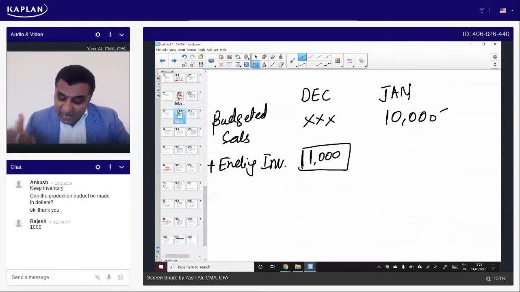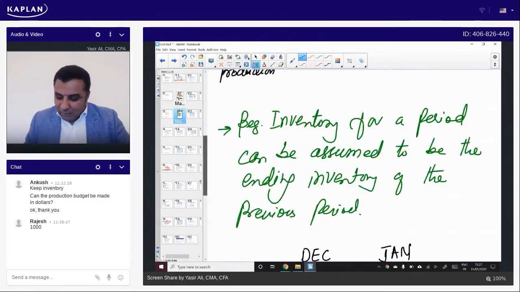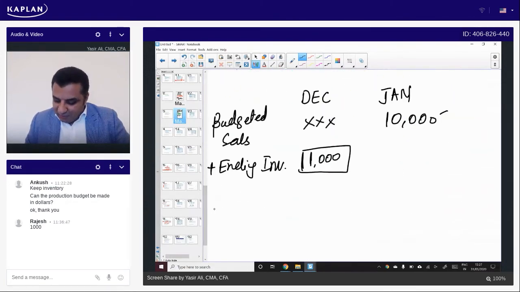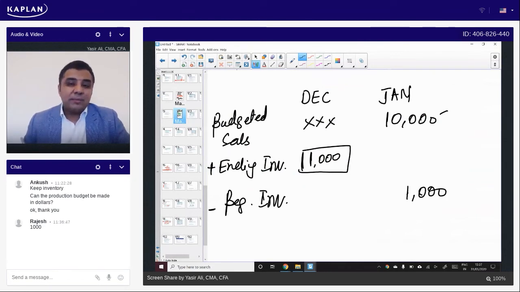So if ending inventory was 1,000 in December, exactly the same amount is the beginning inventory. So if I write minus the beginning inventory, the same amount can be written as the beginning inventory for the month of January. Ending for the month of December, beginning for the month of January.